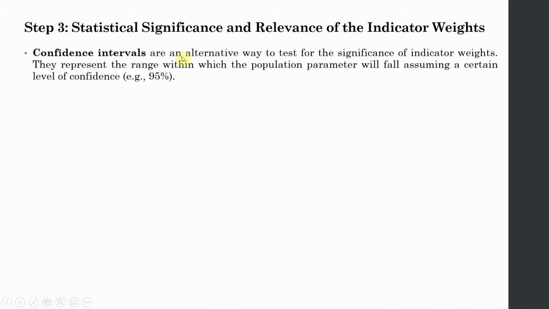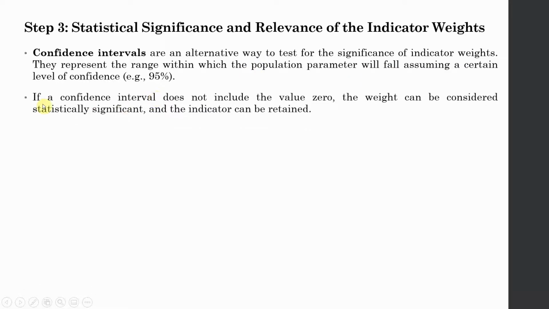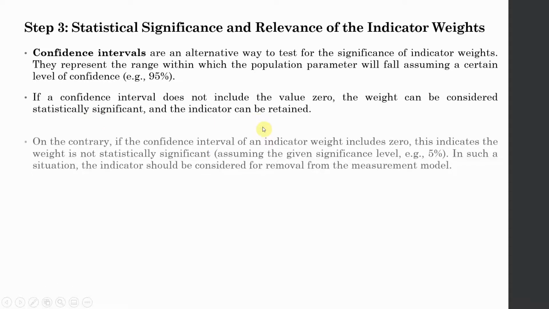Confidence intervals are an alternative way to test the significance of indicator weights. They represent the range within which the population parameter will fall, assuming a certain level of significance. If a confidence interval does not include a zero, the weight can be considered significant and the indicator can be retained.